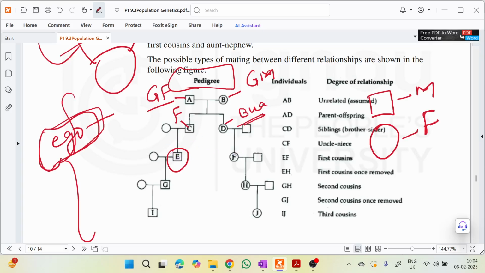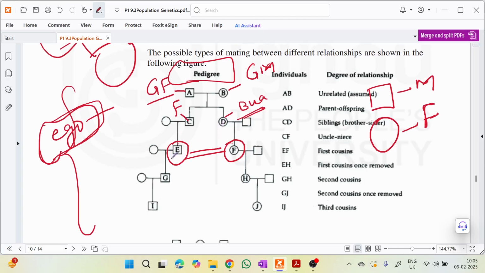In this case, marriage between E and F, who is the daughter of the paternal aunt, will be known as cross cousin marriage. Then here G will be the son of E and H will be the daughter of F.